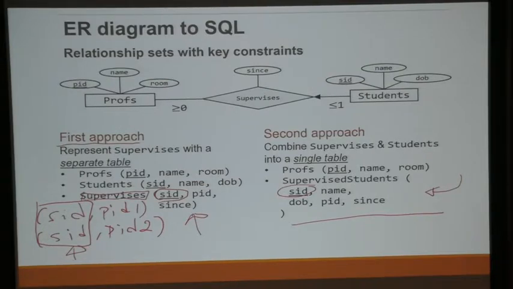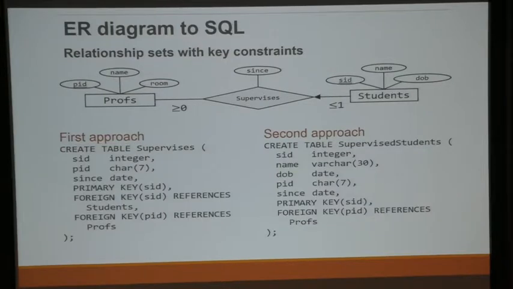So the only way for a student not to have a supervisor is if you have an entry with PID null. And we need to allow this. And because we need to allow this, transforming from the schema to the SQL is basically just allowing the PID here to stay null. So now you can have a student without any supervisor within this single table.